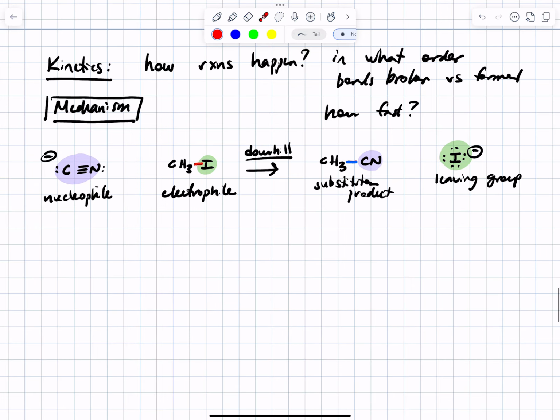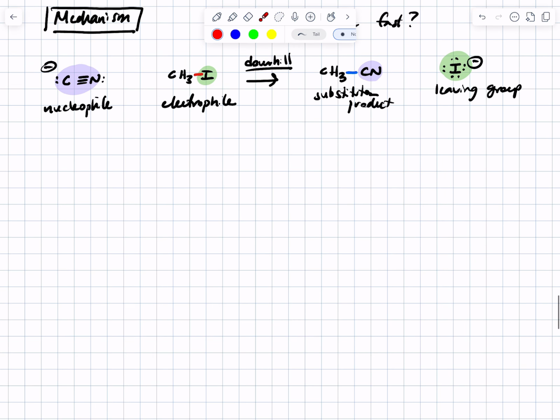And those are questions that are important because they have consequences in terms of the outcome of the reaction, and they can help us to design better reactions. So let's just come up with a mechanistic hypothesis and then make some predictions about what we would see if the reaction did indeed follow this mechanism.